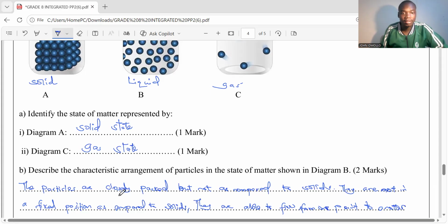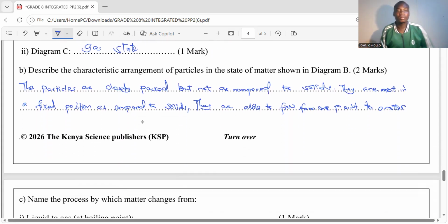So that is it. The particles are closely packed but not as compared to solids. They are not in a fixed position as compared to solids. They are able to flow. That is the truth, that particles in liquids are able to flow and they are closely packed, but not compared to solids. Another thing we can say is the force of attraction.